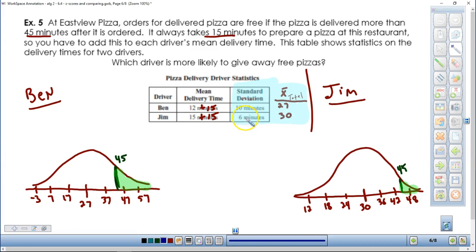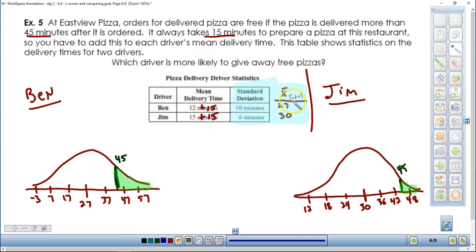What we're going to do here is make sure that we realize that this delivery time is going to have to be added to the time that it takes to prepare the pizza, since our 45 minutes is going to include the time of making the pizza and delivering it.